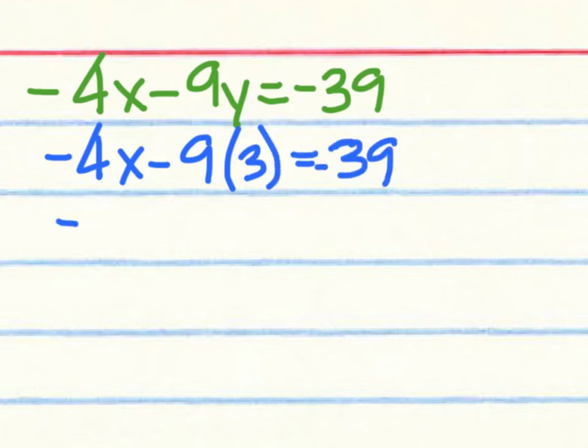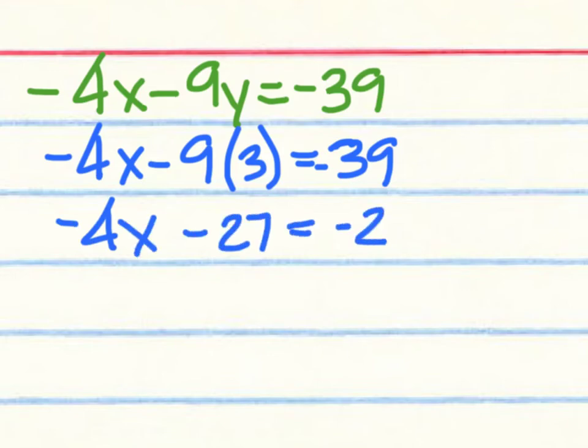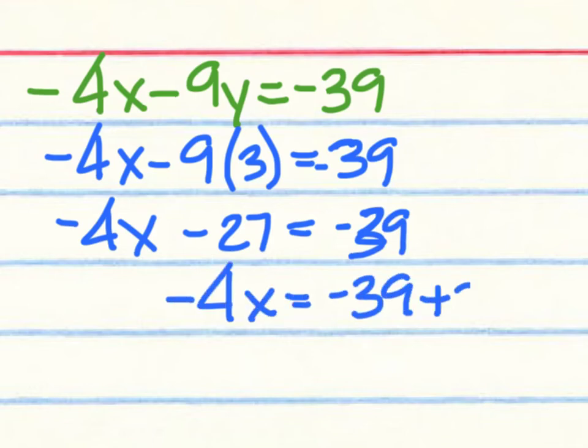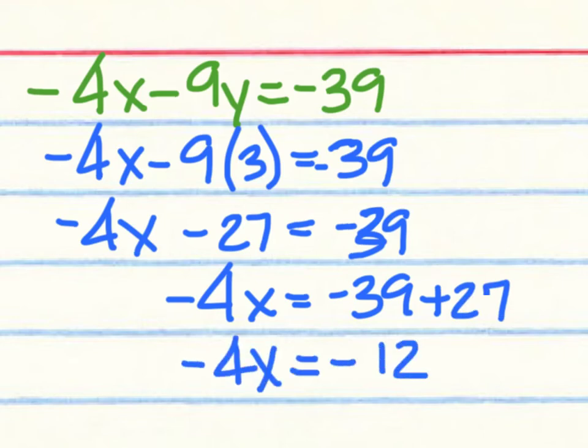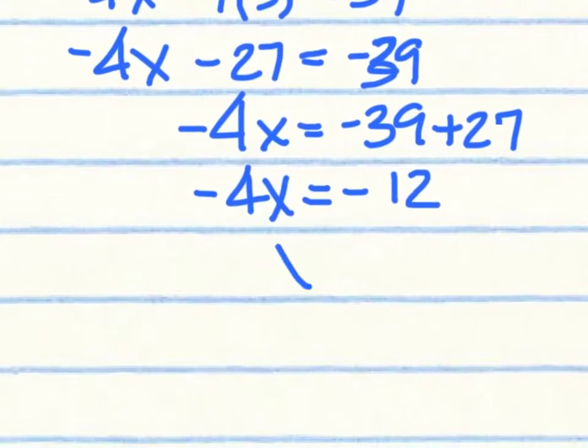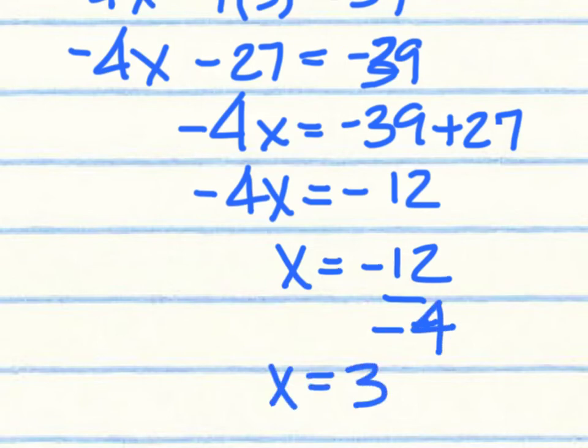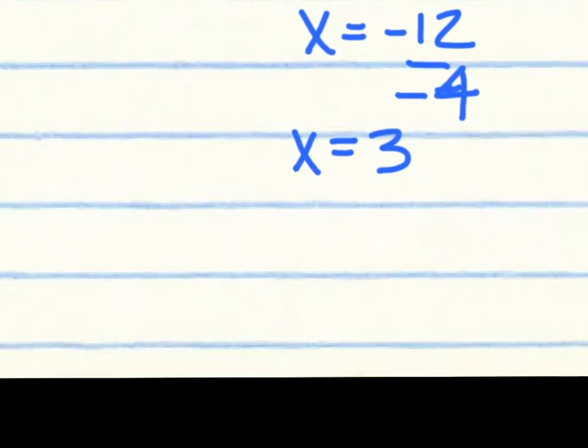And in the middle there we'll have a minus 27. Whoops, when you move that to the right, that's going to be a plus 27. So we have negative 4x equals a negative 12. And when you divide, you should have negative 12 divided by negative 4, and that would be a 3. So the answer altogether is 3, 3.